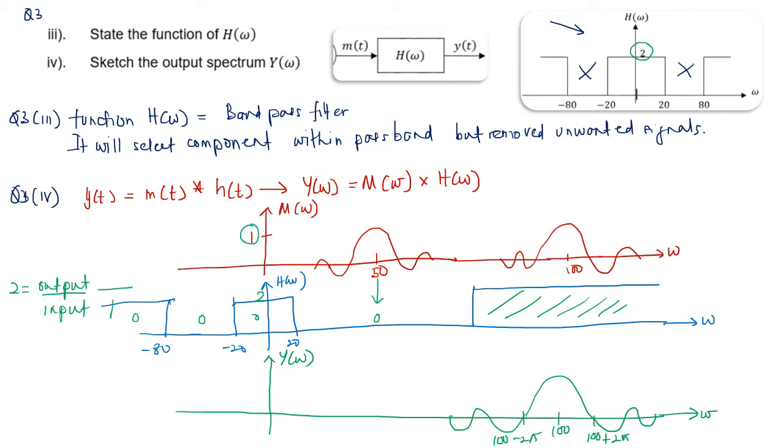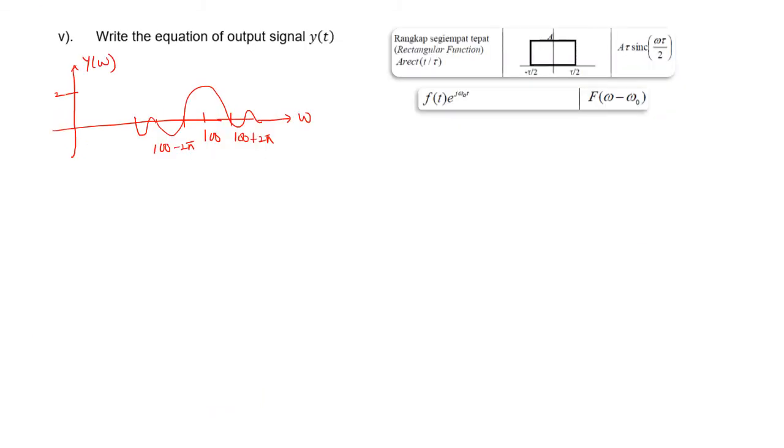So the output equals 2 times 1, it is 2. So the magnitude of your output equals 2. Only one signal is passed through and the rest are removed. Okay, question 3, part 4.